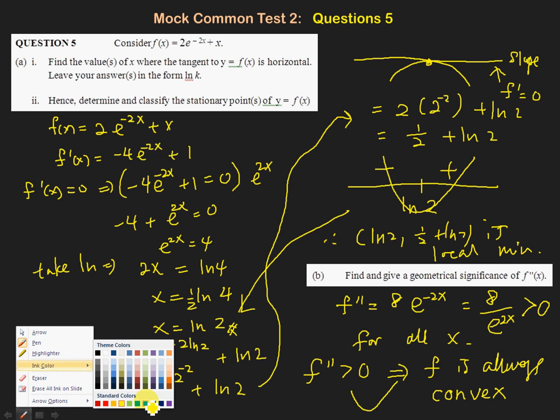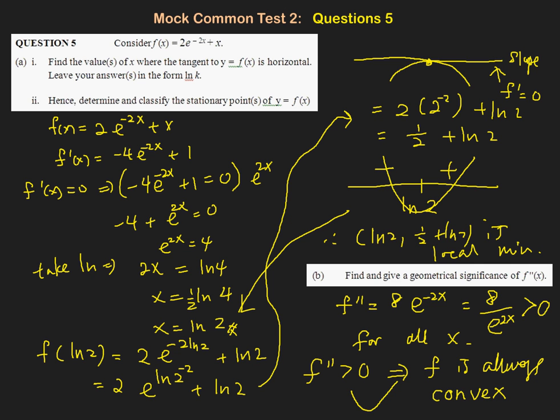The diagram is going to be something like this. There's a negative somewhere here, I suppose. So the curve will go down, curve like this and curve away. If you sketch with a GC, a graphing calculator, you find it also. The minimum is right here. So that's why it's always convex, facing up. Right, cool, good. Now moving on to the next part.